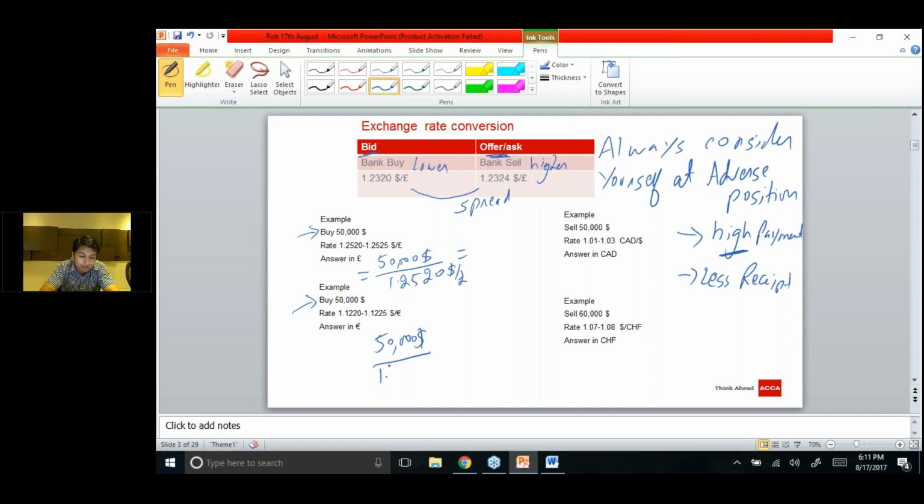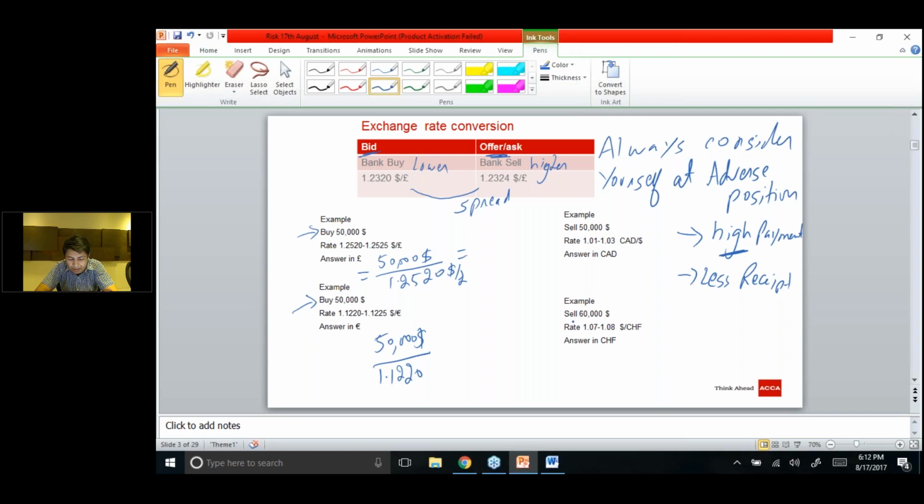By dividing with the lower figure. So I'm dividing $50,000 with the lower rate in order to get the higher answer. Why am I getting the higher answer? Because I'm going to buy the dollars, so in order to buy the dollars, I'm going to pay in pounds, and in pounds I need the higher value. Okay, I'm moving to the next example. Then we will come back to solve the third example.